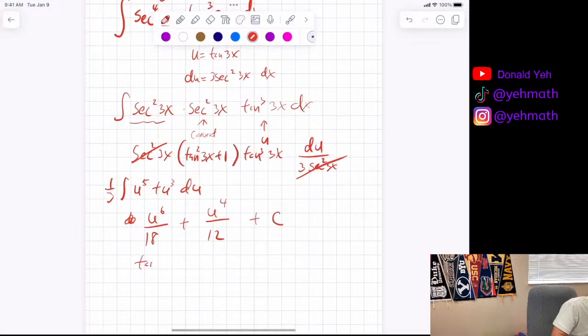And that's tangent of 3x to the 6th over 18 plus tangent to the 4th of 3x over 12 plus c.